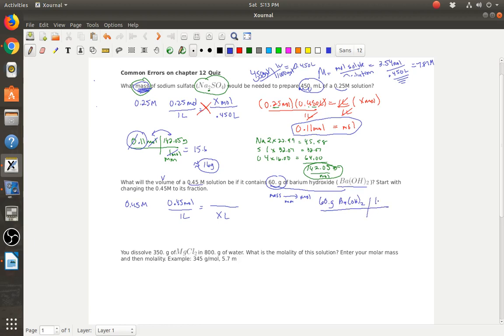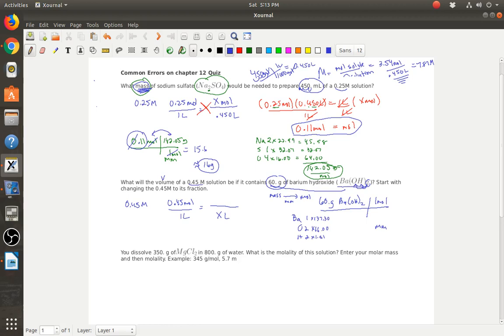All right, and so 1 mole, and I need the molar mass of barium hydroxide. Okay, so let's see here. I've got to have 1 barium, and this 2 means I have to have 2 oxygens and 2 hydrogens. So 1.01, 16.00, and barium which is 137.30.